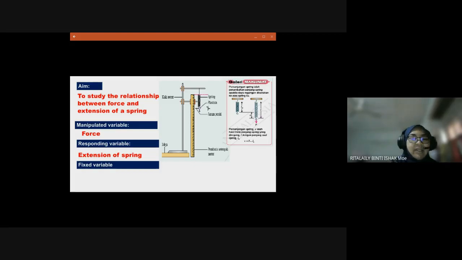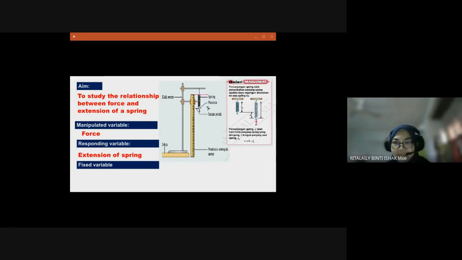Stiffness of the spring. Okay, so for a variable, as I told you before, it must be something that can be measured using a measuring apparatus. Like force, we can use a spring balance, and like extension, we can use a ruler to measure. Stiffness of the spring is not something we can measure directly using a measuring apparatus.